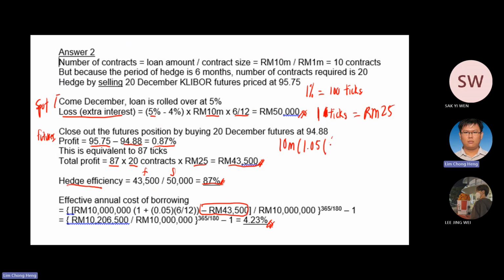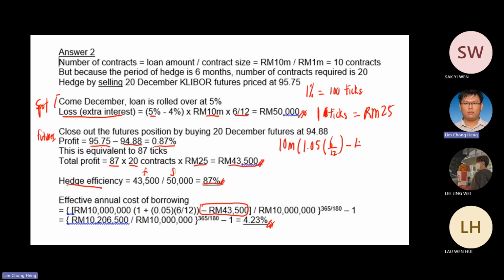Interest you just use for 6 months, and then minus 43,500 divided by the principal 10 million. You use 365 days divided by 180, minus 1. Then you get the answer.